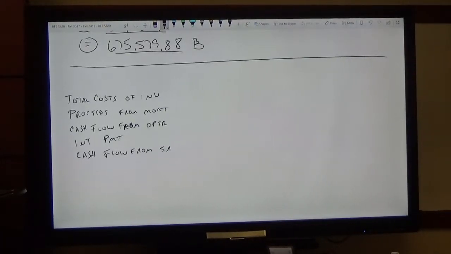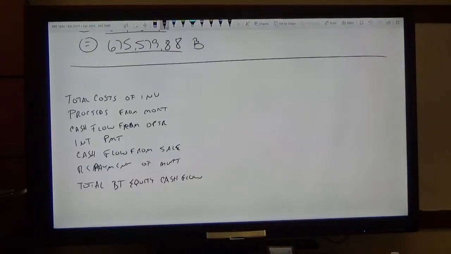We're going to explain all of these. I'm just going to write them down so we've got them here to work with. Repayment of mortgage. And total before tax equity cash flow.